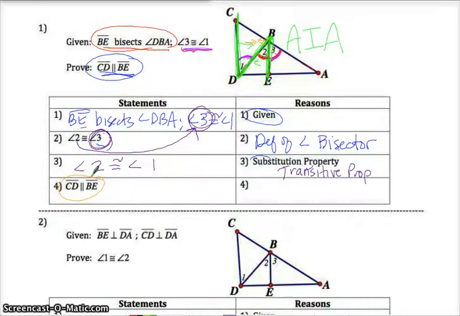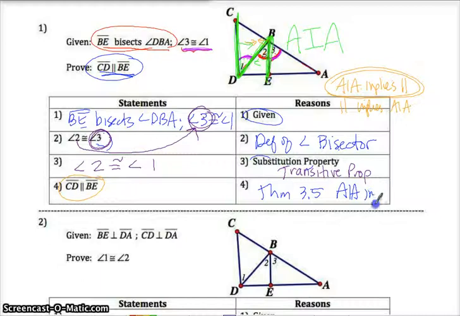So is it alternating interior angles implies parallel, or is it parallel implies alternating interior angles are congruent? Well, it's this. The fact that they are congruent to each other implies they are parallel. So that is theorem 3.5, which says alternating interior angles congruent implies parallel.